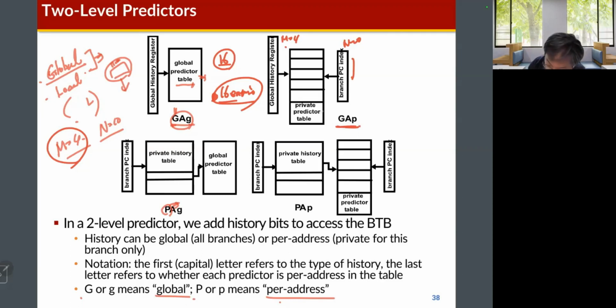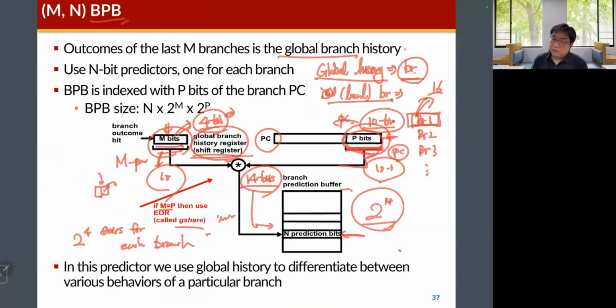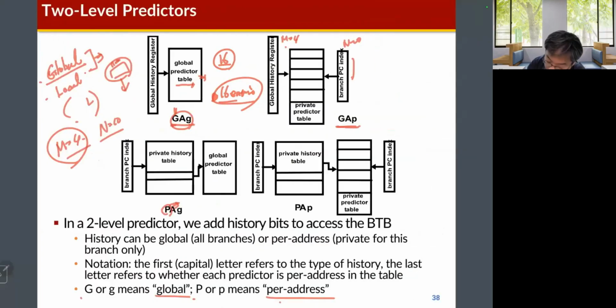By combining the global history register and part of the PC, we can access the branch prediction table, the branch prediction buffer, which means it will have 2 to the 14 entries. So this is called the GAP.